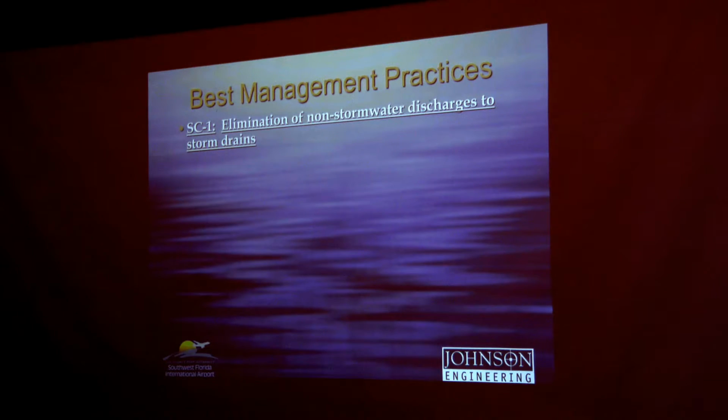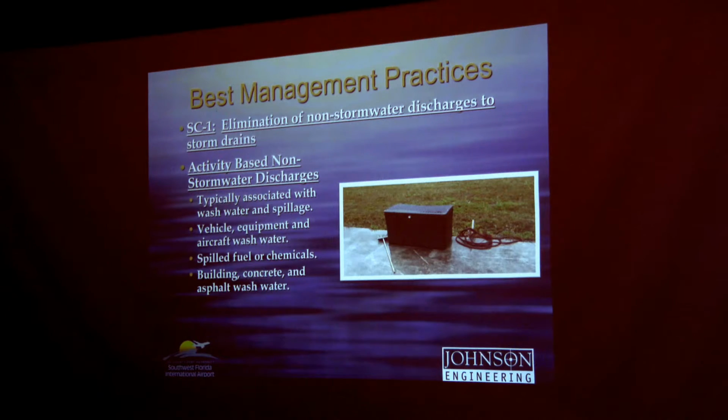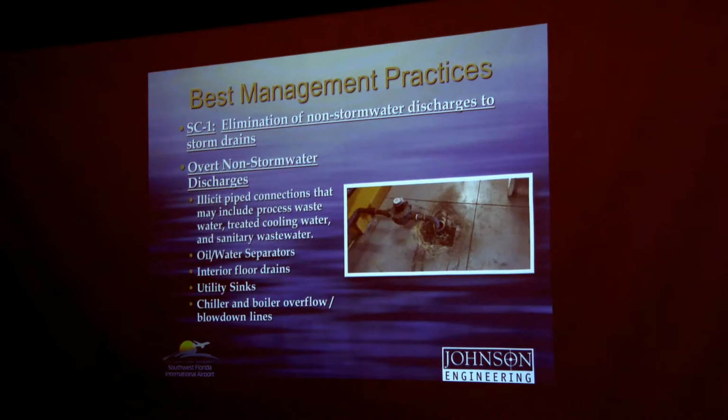All right, we're going to start off with SC1, elimination of non-stormwater discharges to storm drains. Non-stormwater discharges can be classified as activity-based or overt. An activity-based non-stormwater discharge is typically associated with wash water and spillage. It can include vehicle, equipment, and aircraft wash water, spilled fuel or chemicals, or building, concrete, or asphalt wash water.